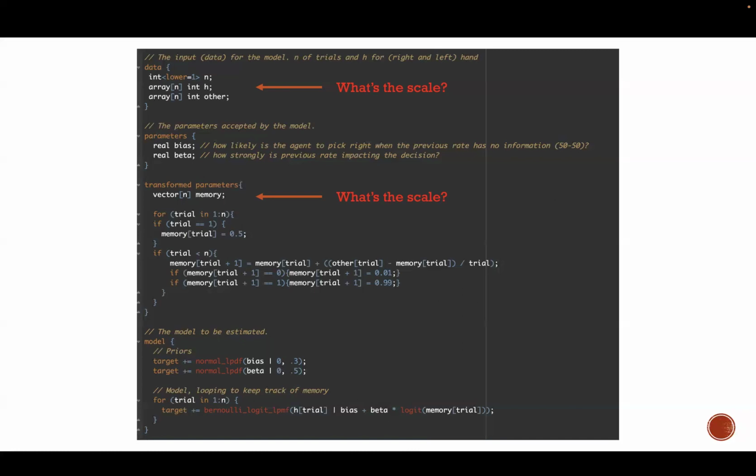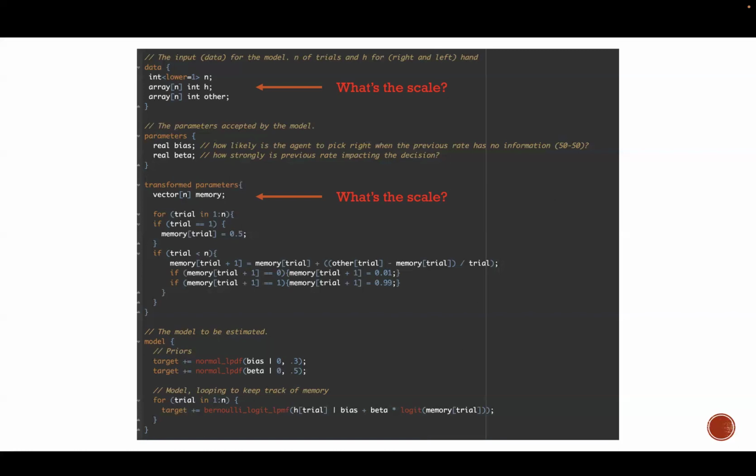Then the memory for the next trial is given by the current memory plus the prediction error divided by how many trials we are in. This is a Kalman filter, which basically allows you to run an ongoing mean of a sequence without having to remember all the previous steps. You just remember the current mean, and how many trials you went through. And I can explain this better next week.